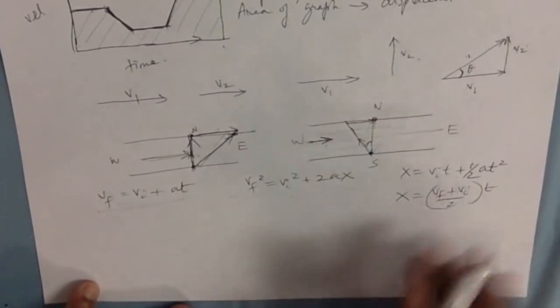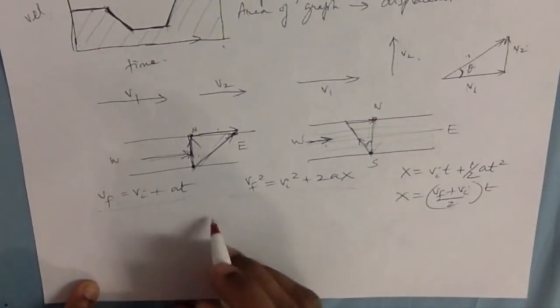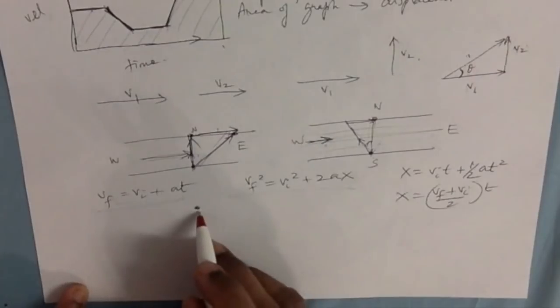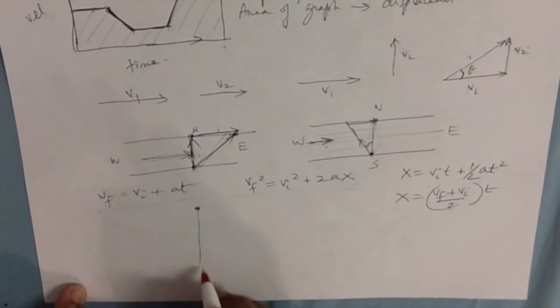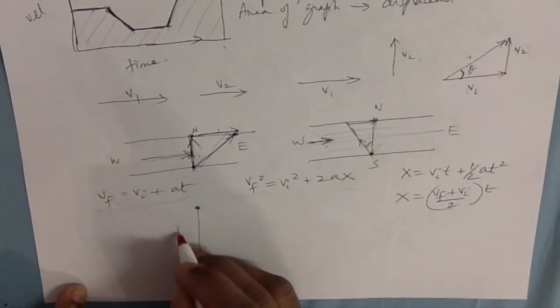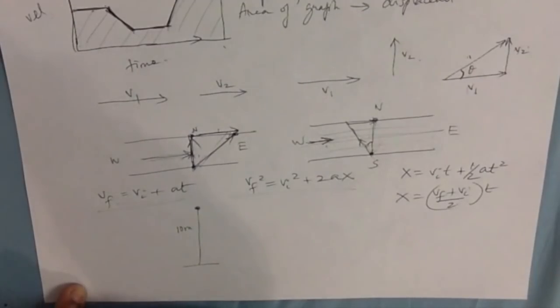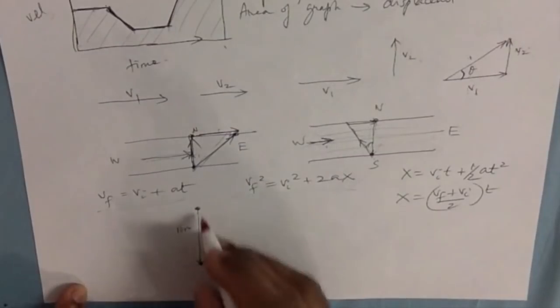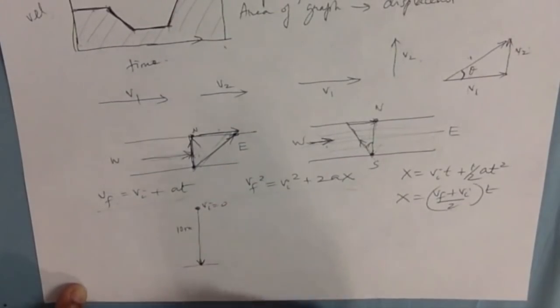So for example, if I drop a stone from the top of a building, and the building is 10 meters tall, how fast is it going to be moving when it strikes the ground? If you want to find this out, your initial velocity is 0, you dropped it.